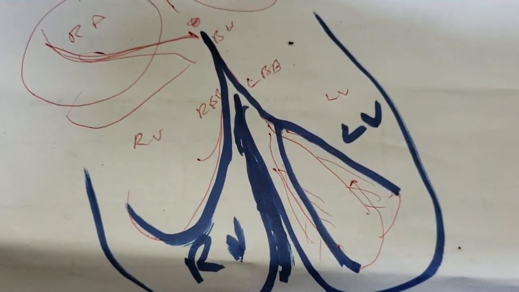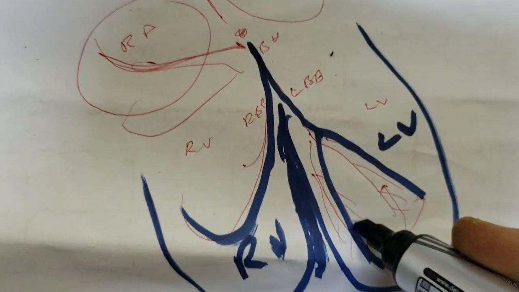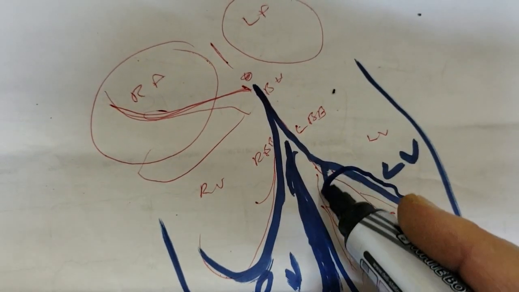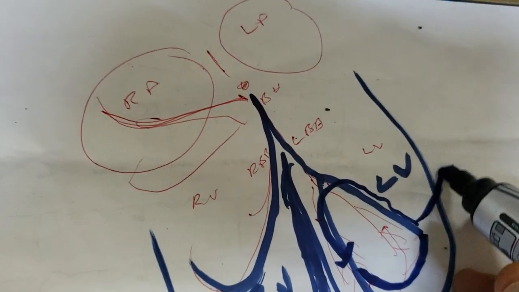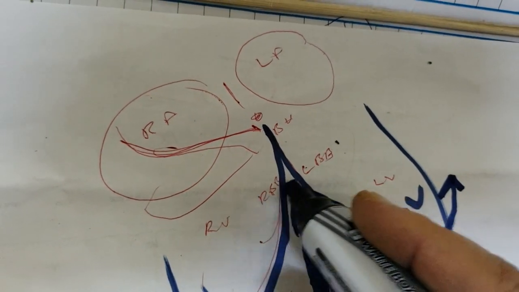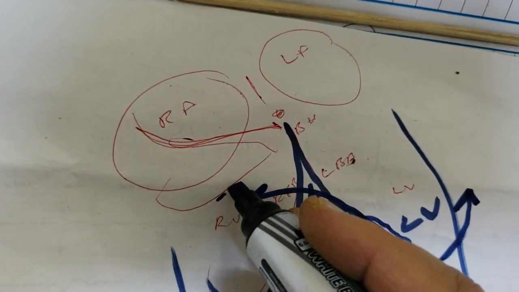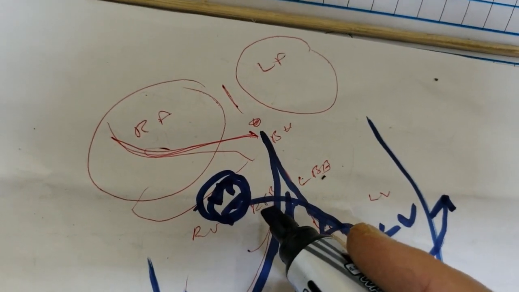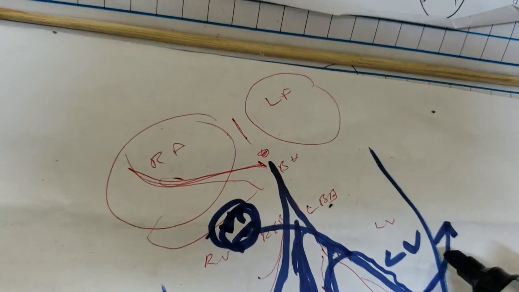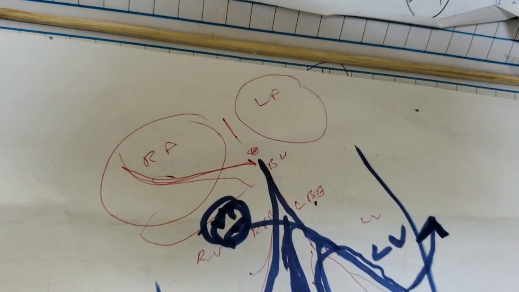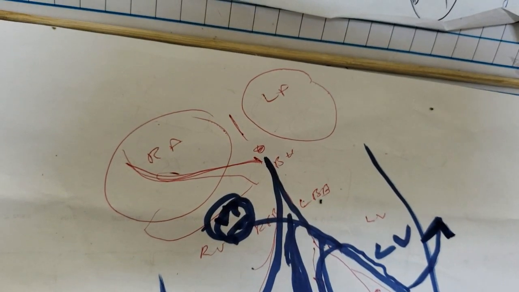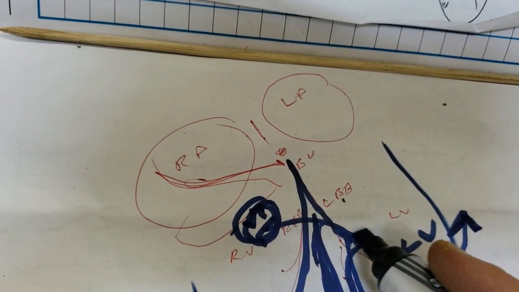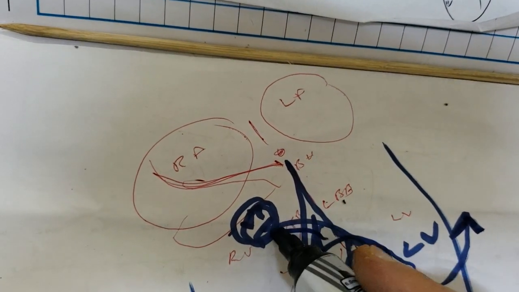The VTAC initiated from the left posterior fascicle and goes up through the anterior fascicle, causing left axis deviation with right bundle branch block in V1. The positive R wave in V1 indicates left ventricular origin, with left axis deviation from the posterior fascicle. The VTAC that originated from the anterior fascicle causes right axis deviation and positive R wave in V1.